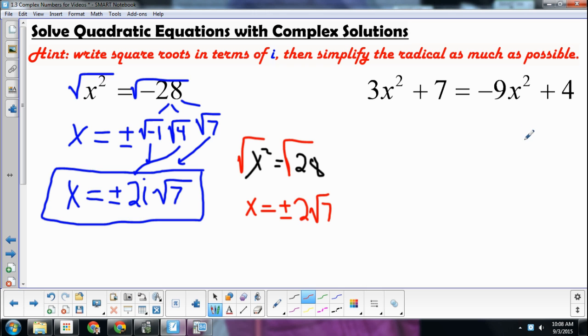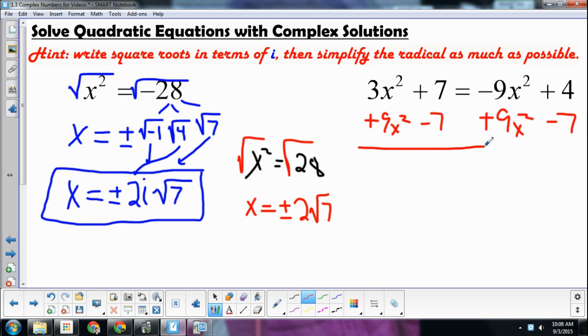So with this next one, let's solve for x squared. So you can do this a couple different ways. I like to keep my variables positive as much as possible. So I'm going to add 9x squared to both sides. In the same level of operations, I will subtract 7 from both sides.